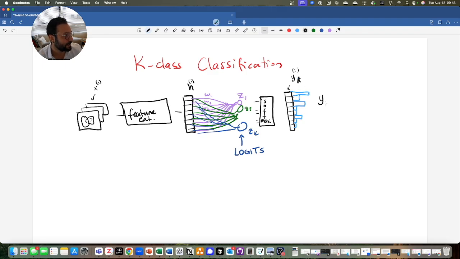My y of i k is defined as, and the little triangle on top of the equal sign is pronounced as defined as, the probability of the classes k, among k equals 1 to capital K, given x of i. So given my image, our desired neural network or AI model gives me the probability of each and every one of the classes.